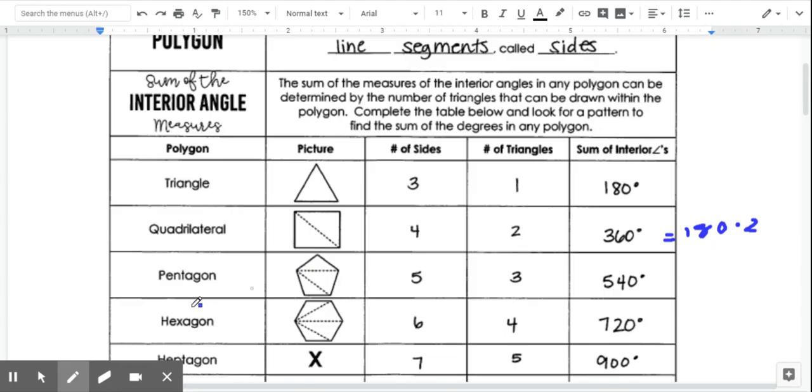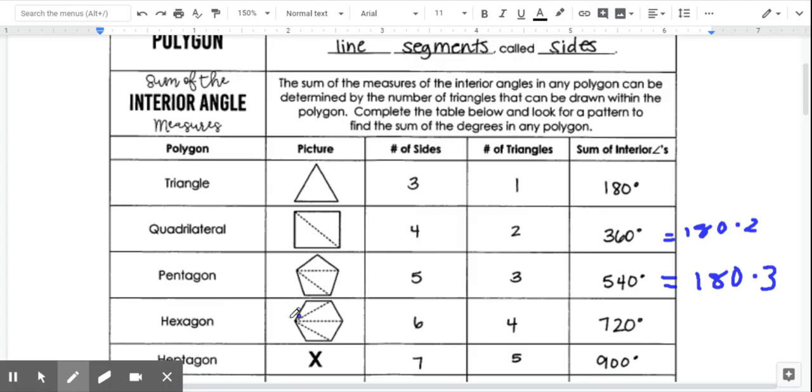A pentagon, pent means 5, so a pentagon has 5 sides. You can make 3 triangles in there if you draw lines from one of the angles to opposite angles like this. So the sum of the interior angles is 540, which is 180 times 3, because we've got 3 triangles.